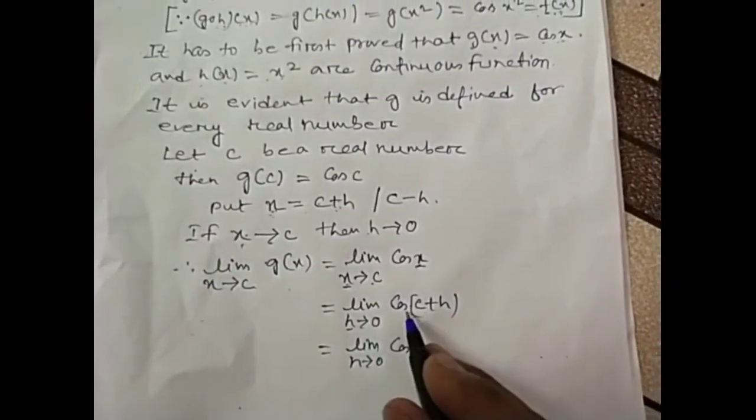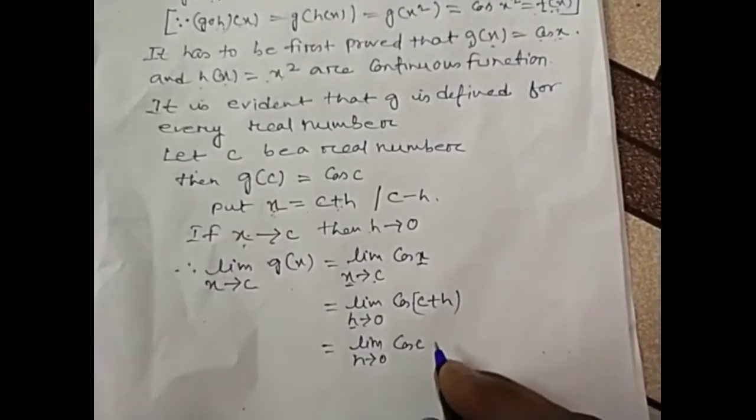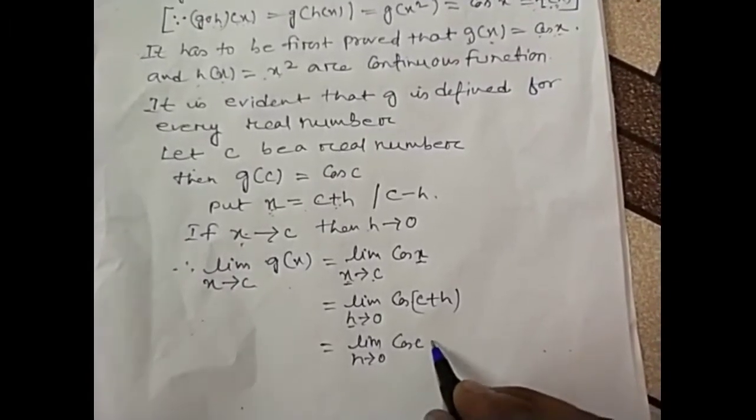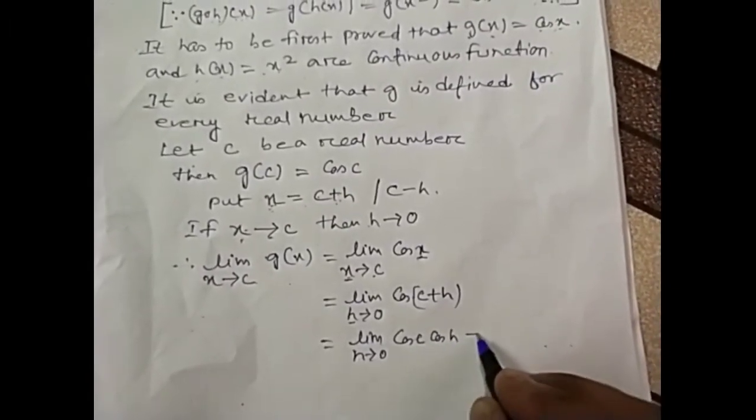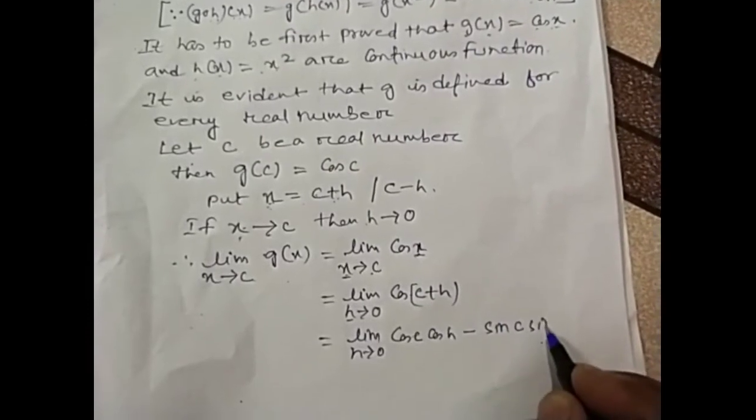Now this is the formula cos(a plus b). What is cos(a plus b)? cos a cos b minus sin a sin b. So cos c cos h minus sin c sin h.